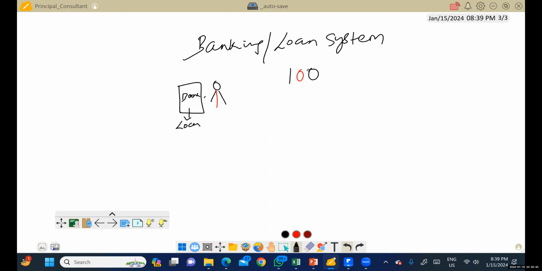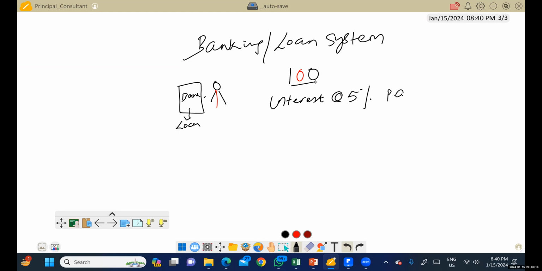The bank says that every year, or every 6 months, or every quarter, every 3 months, you have to pay an interest at the rate of 5%. 5% per annum. This is every year. Per annum means year.